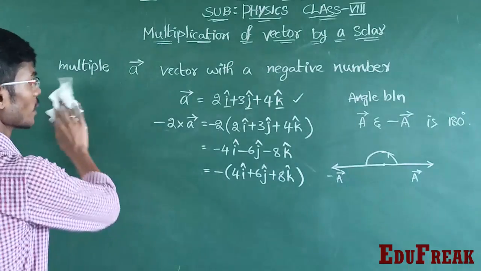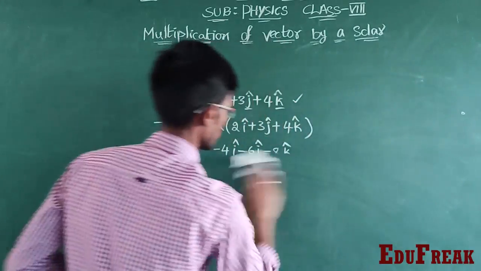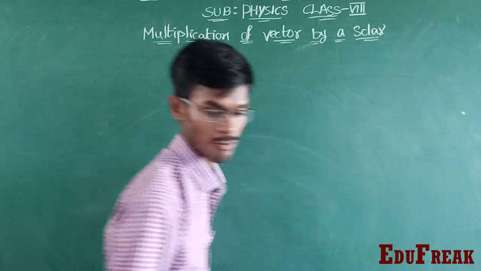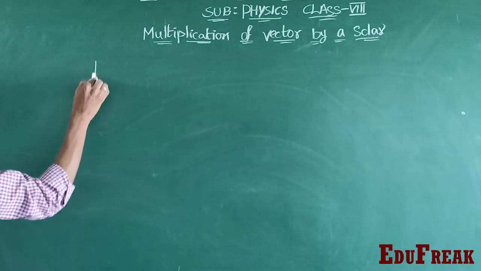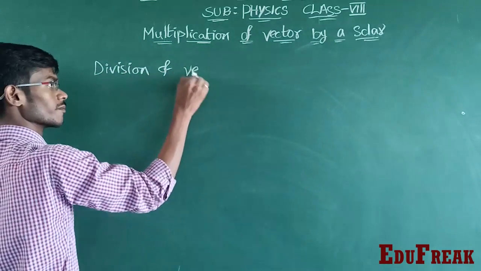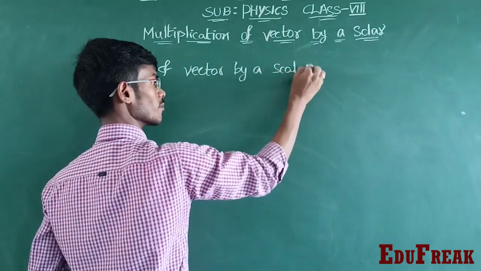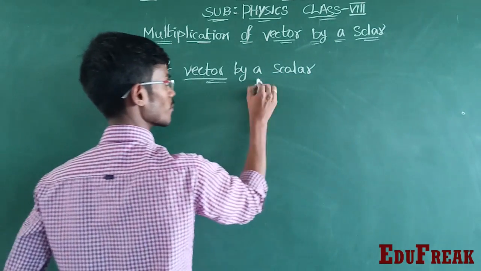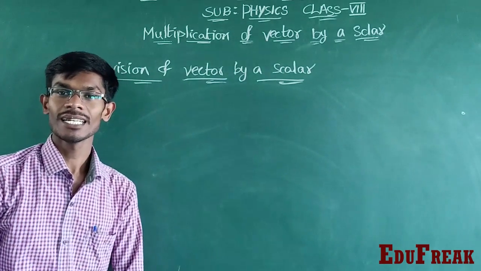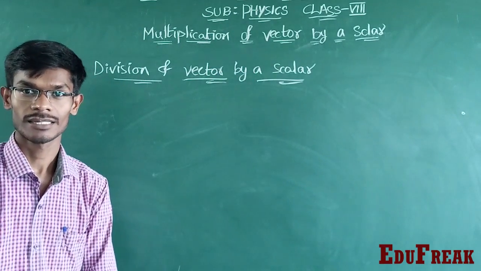Then division of a vector by a scalar. Division of a vector by a scalar gives us what? If you are dividing a vector by a scalar, then what will happen?